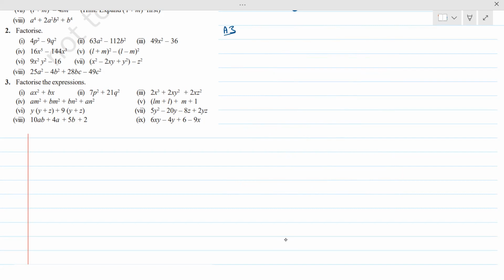The first part is saying ax square plus bx. Right? This is the first part. Just take the common x and x into ax plus b.